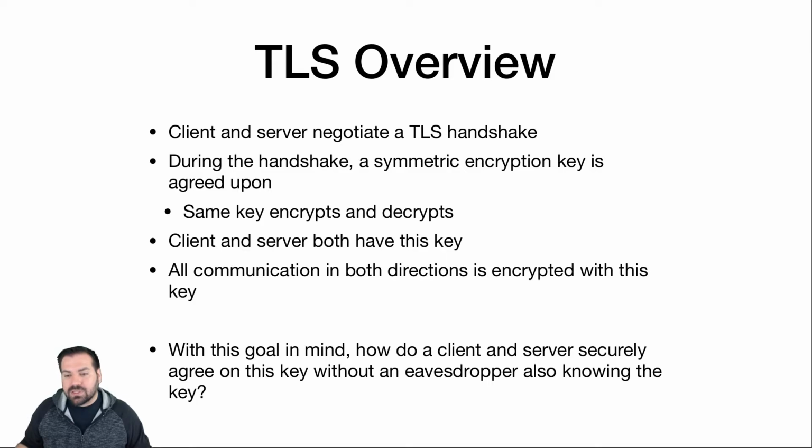So when either one of us wants to send information to the other, we're going to encrypt with that symmetric key, send the information, and then the other side is going to decrypt with that same key. Symmetric key encryption. So what we need is an encryption key that we both agree upon, that only we know, the client and server know, for a specific connection, and that was communicated securely.